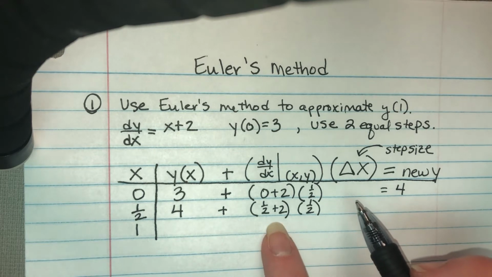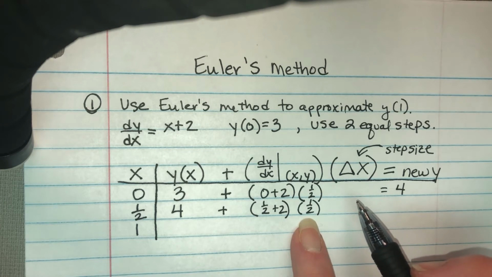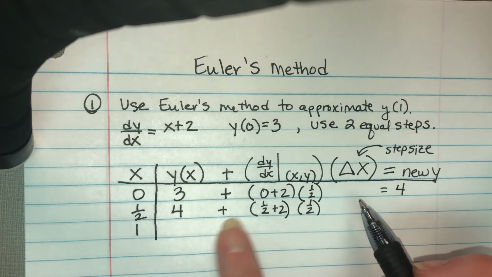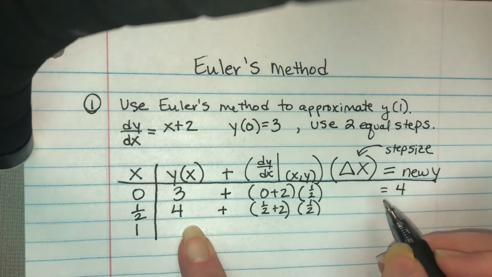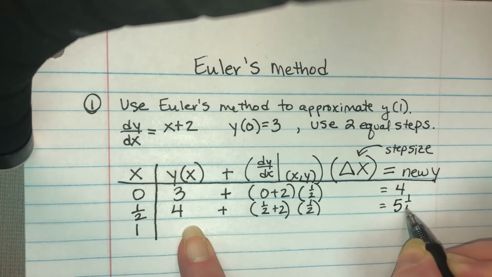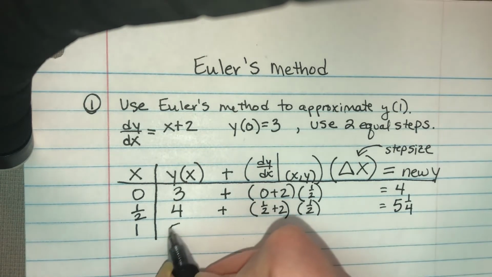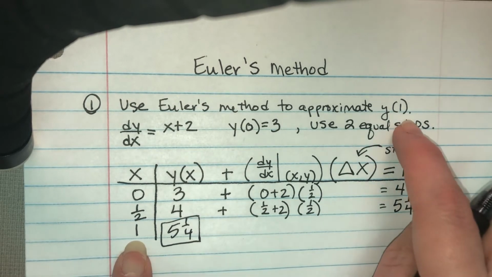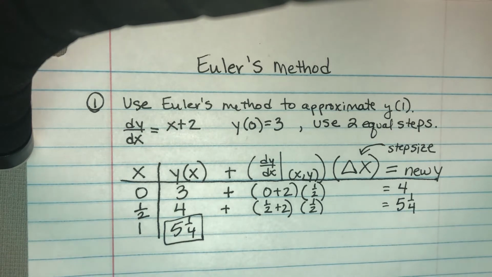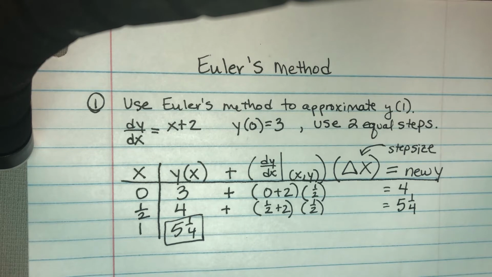And then, so 2 plus a half, that's 5/2, times 1/2 is 5/4, plus 4. 4 plus 5/4 is 5 1/4. And that is the answer to the problem, because they wanted me to find the y value that goes with the x value of 1. So we've just used Euler's method to approximate what y of 1 is.